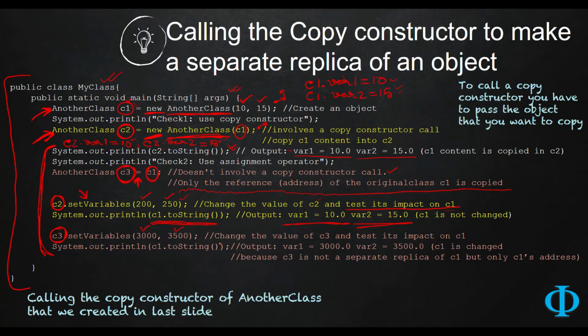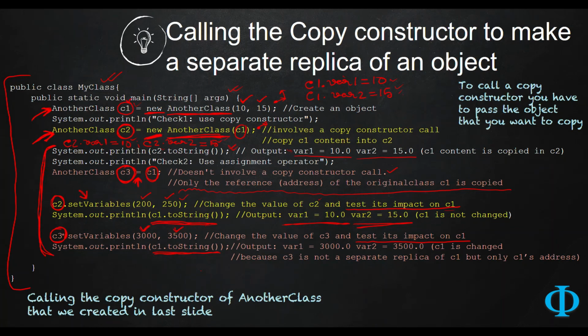So now what will happen? After changing, it is again time to test its impact on C1. If you try to print the values of var1 and var2 of the C1 object, you will see that the values have been impacted. It took the values you changed through the C3 object.